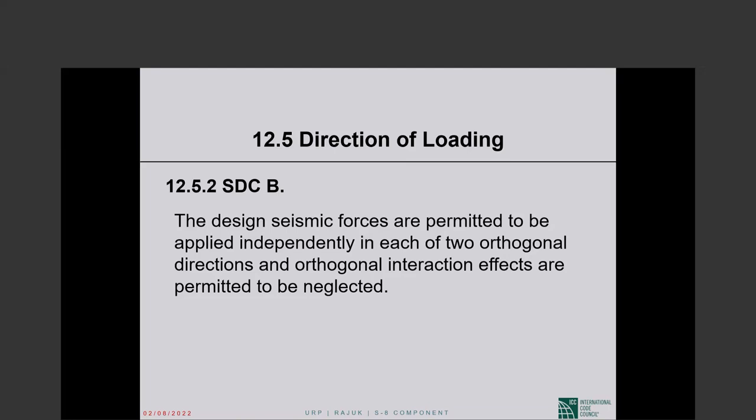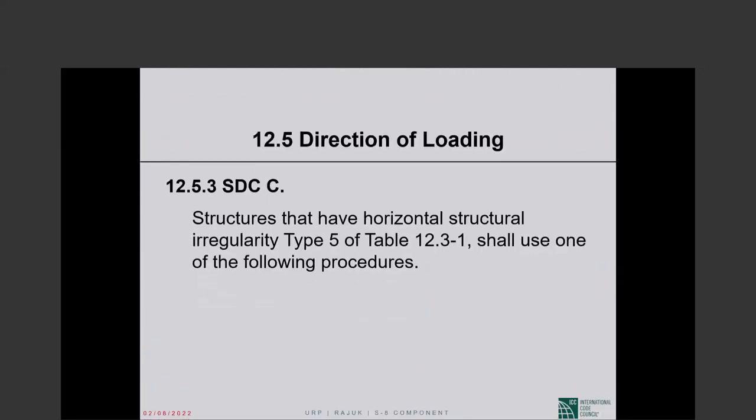Okay. The design seismic forces are permitted to be applied independently in each of the two orthogonal directions, and orthogonal interaction effects are permitted to be neglected. Design category C. What is true of design category B is also true of design category C, and something else is true. So design category B, independently in each orthogonal direction was fine.